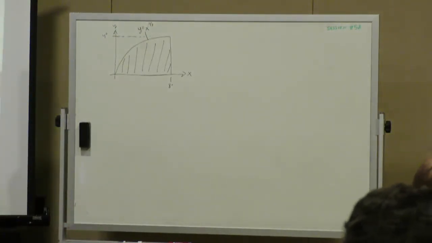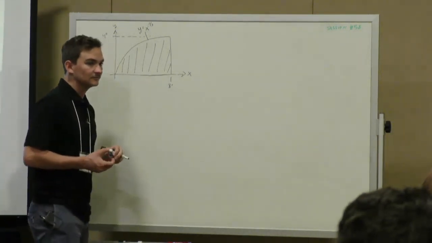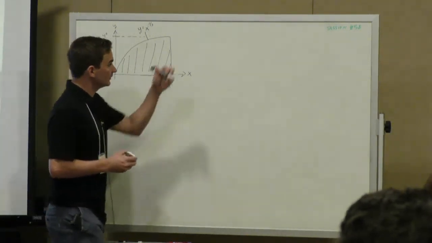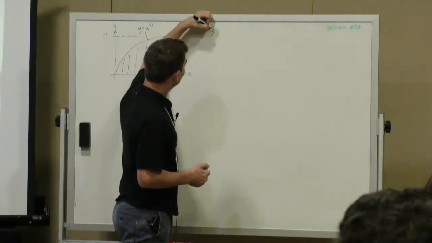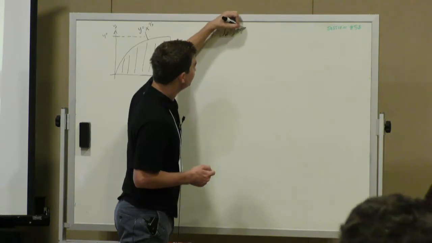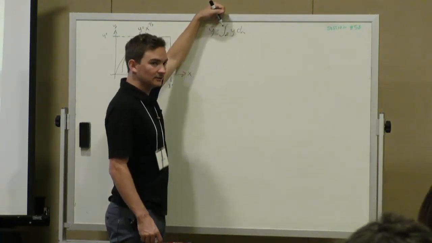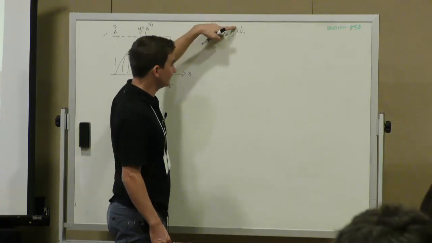So what is going to be our equation for determining x bar and y bar? So what does everyone think? So the first suggestion was the integral of the area, y dA. So which one is it?